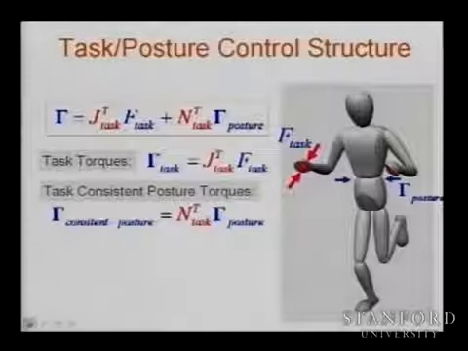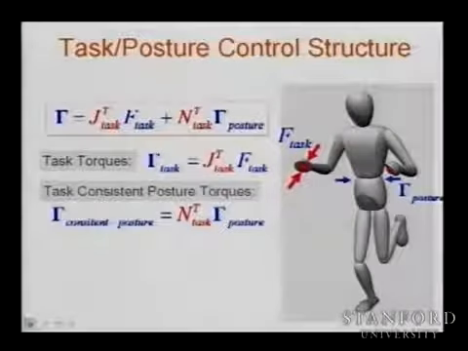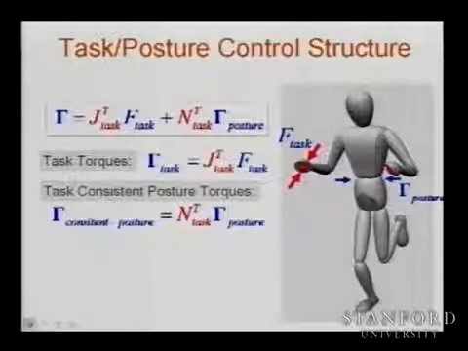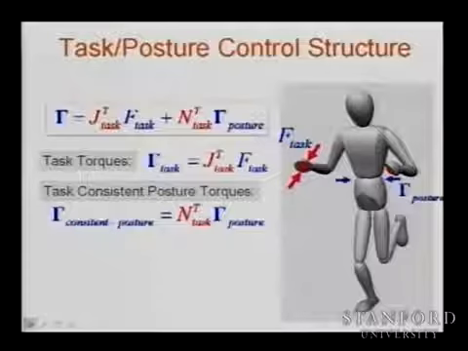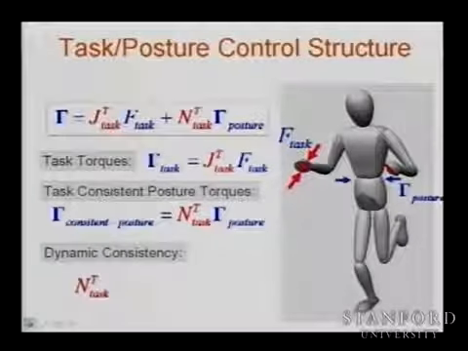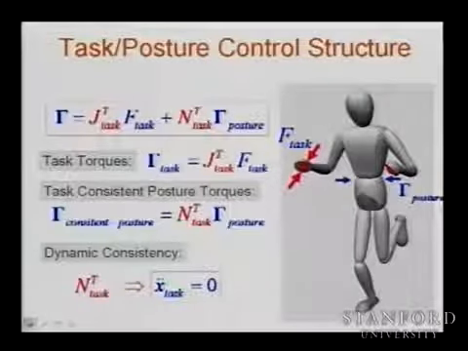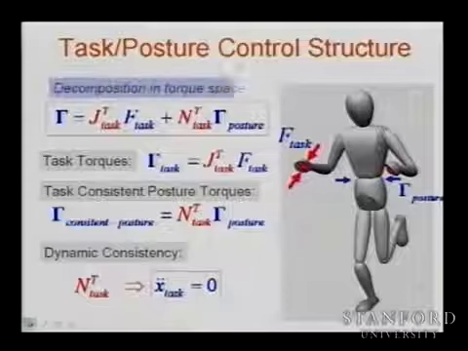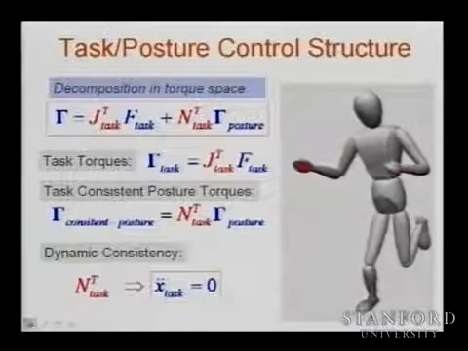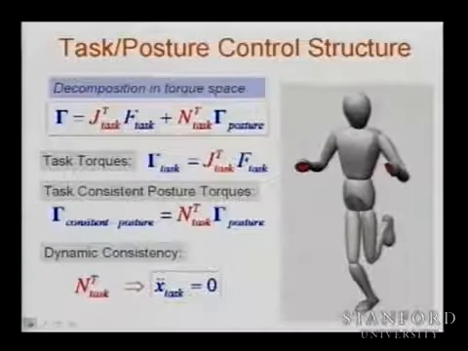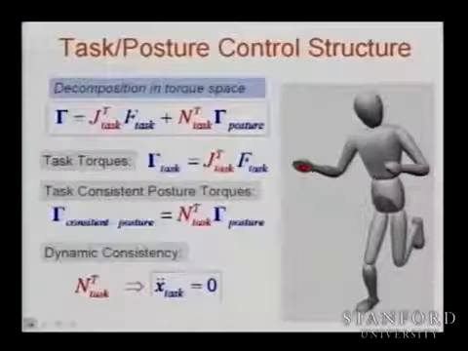In there, you have to guarantee that your control is consistent and does not interfere with the first control. To do that, you filter it with N, the null space of the Jacobian. The result is that you guarantee that there will be zero acceleration coming from the control of the posture. That means when we move in the posture space, these points will be fixed. And that is very, very important.